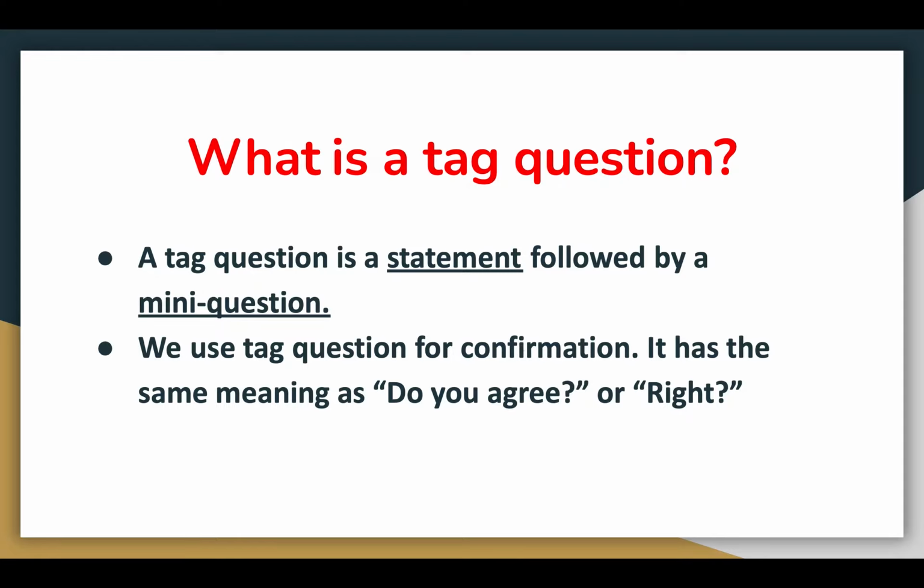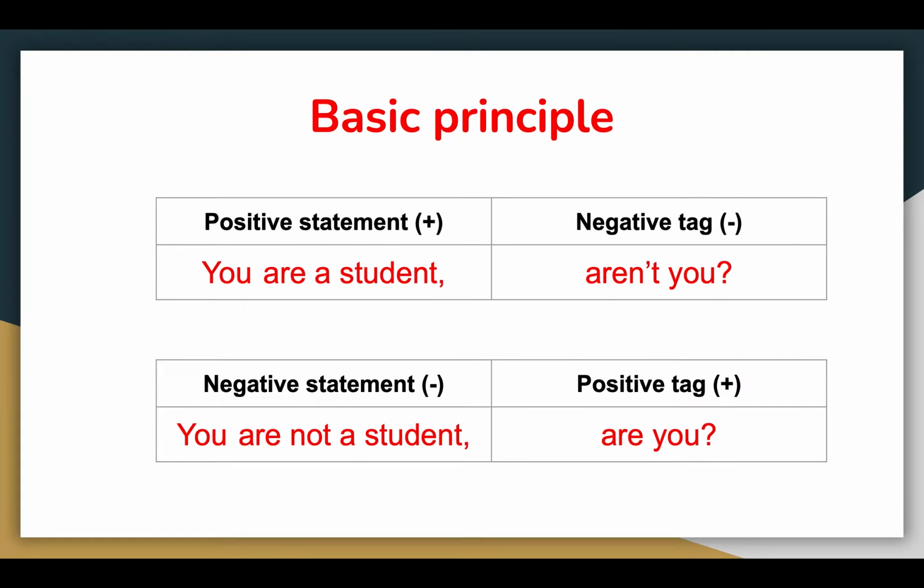Now let's go to the basic principle of tag questions. If you have a positive statement, your tag question is negative. And if you have a negative statement, you use a positive tag question. Positive, negative. Negative, positive.